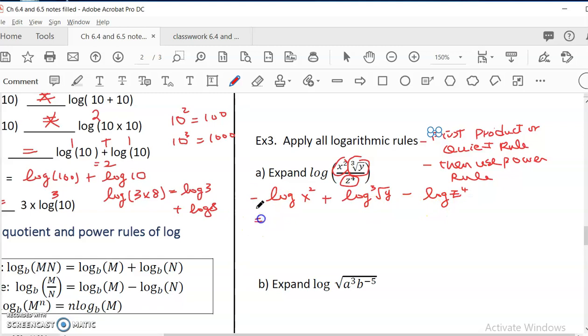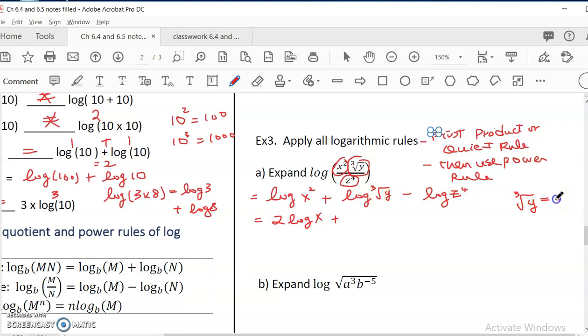And then you say, oh, this is now an individual log with one power now. So I can move this out. 2 log x plus, the cube root of y is y to the 1/3, right? Cube root of y is actually y to the 1/3.